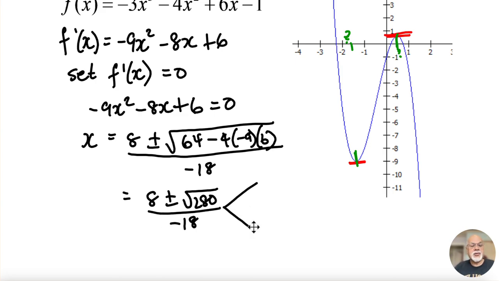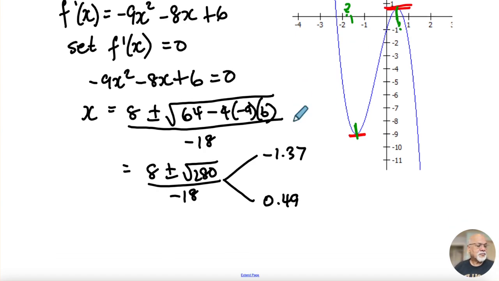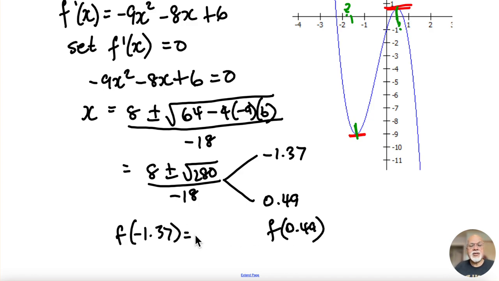And if you work this out, you get, to 2 decimal places anyway, negative 1.37 and 0.49. Seems to make sense according to the scale of that Desmos graph there. And so now we just need to figure out what is f of negative 1.37 and f of 0.49. Well, if you work this out, this one ends up being negative 9.01, and this one ends up being 0.63.